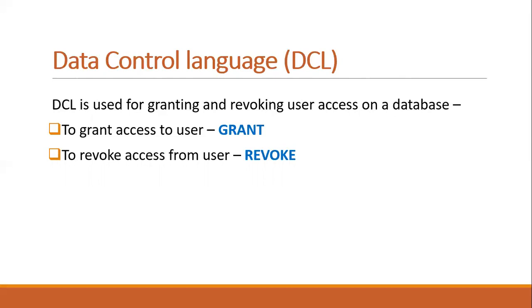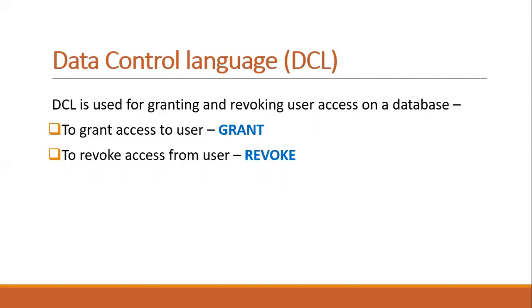And another one is the revoke command. The revoke command helps us to take permission back from the user. Let's say one employee decided to leave an organization. When an employee leaves the organization, we have to take permissions from the user, so the employee will not be able to access the sensitive or useful information from the organization.